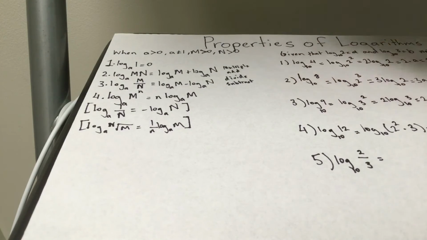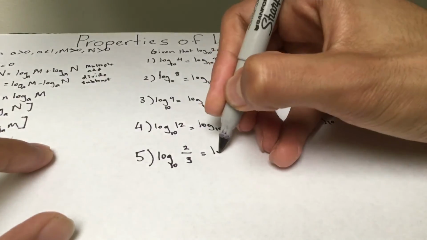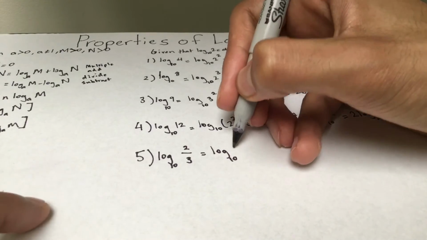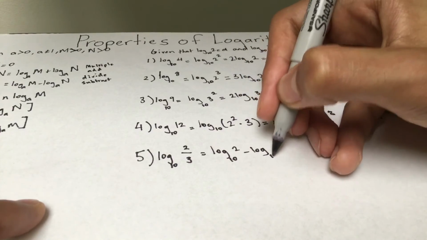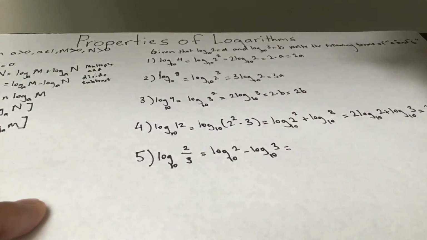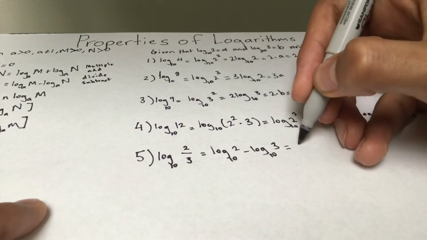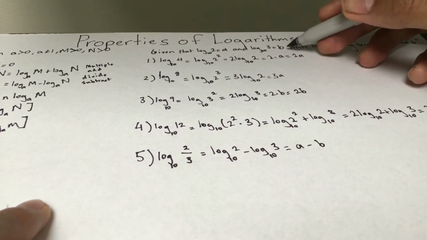When you multiply, you add. So we're going to write log 10 2 minus log 10 3. And we know from the question that log 10 2 is replaced by a, so a minus b, because log 10 3 is replaced by b.